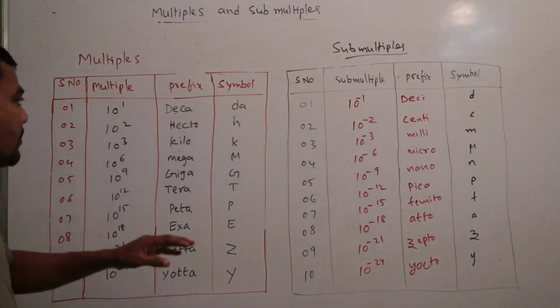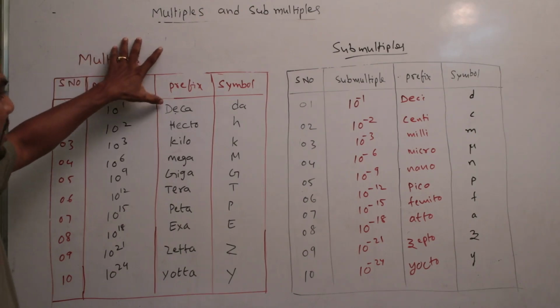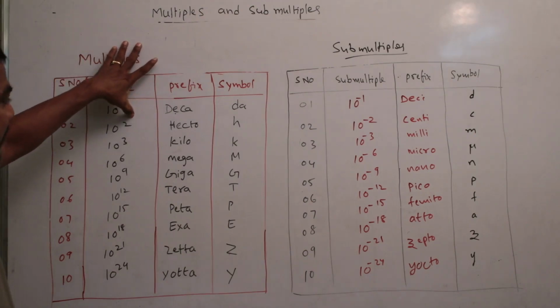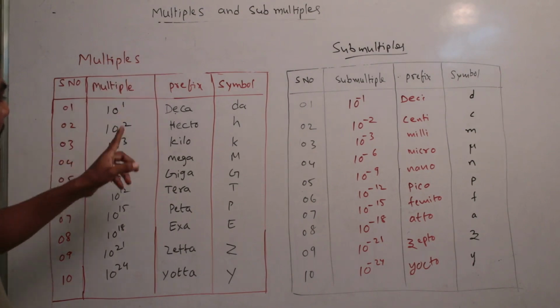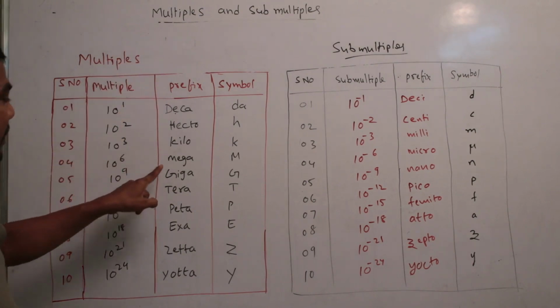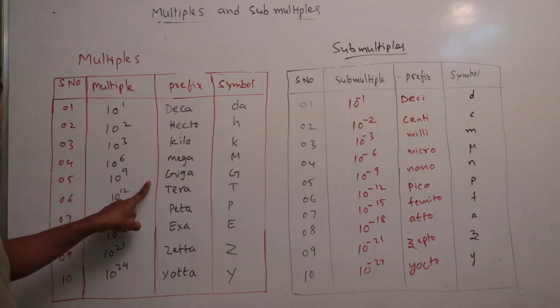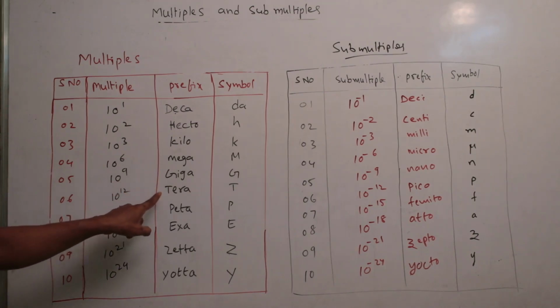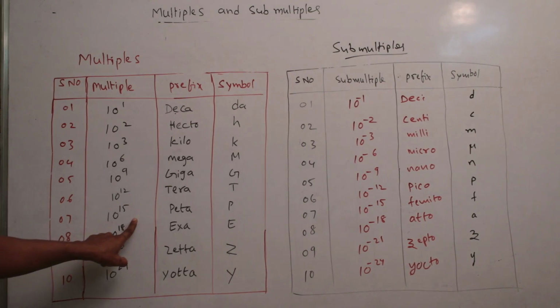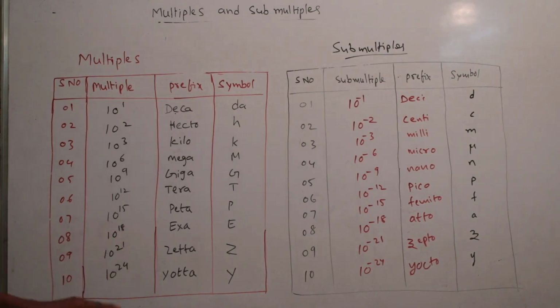Once again: 10 power 1 is deca, 10 power 2 hecto, 10 power 3 kilo, 10 power 6 mega, 10 power 9 giga, 10 power 12 tera, 10 power 15 peta, 10 power 18 exa, 10 power 21 zetta, 10 power 24 yotta.